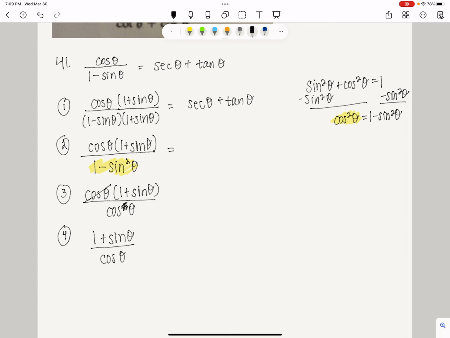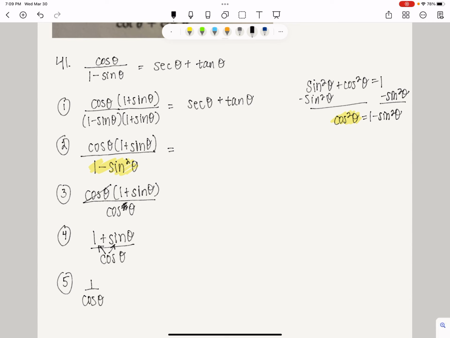Now, the whole reason we did what we did is because we started with a binomial denominator that you can't do anything with in this fraction. But when we change that binomial denominator to a monomial denominator, now that denominator goes with both terms in the numerator.